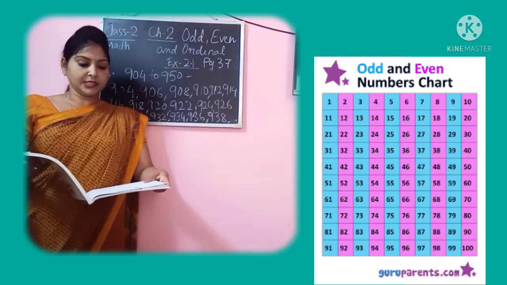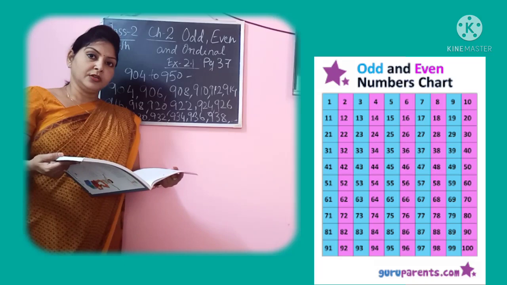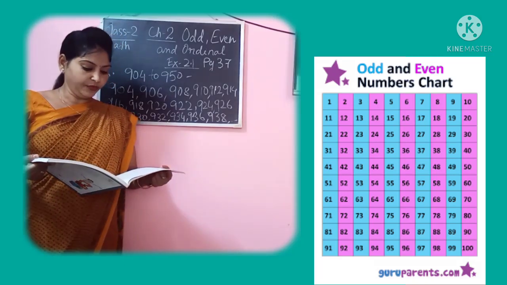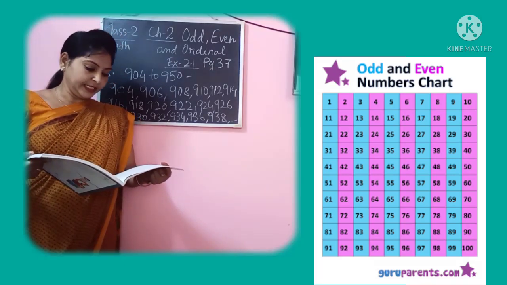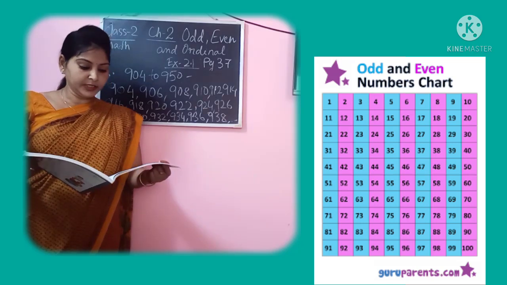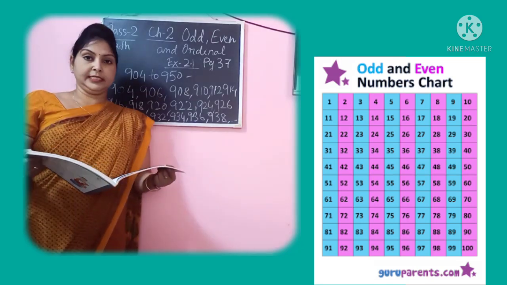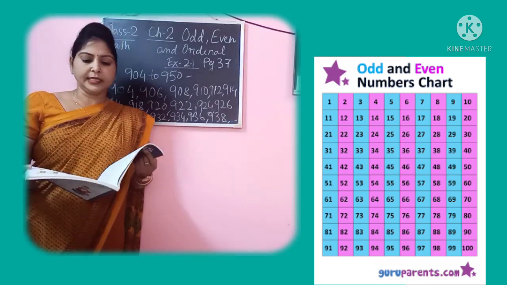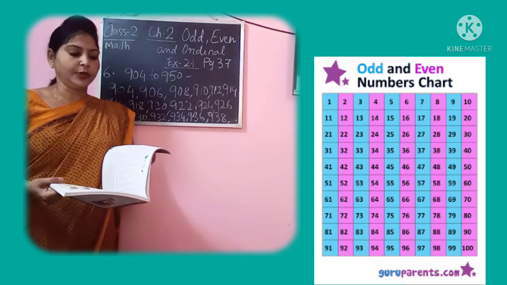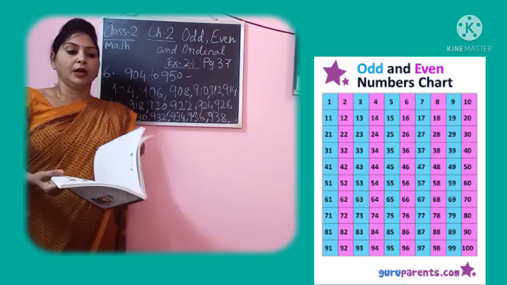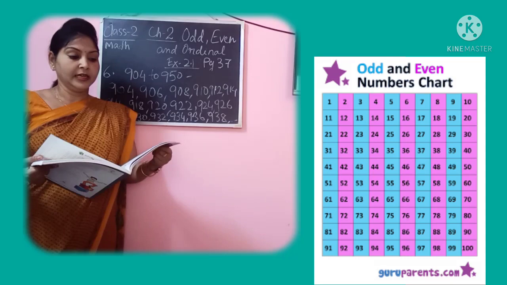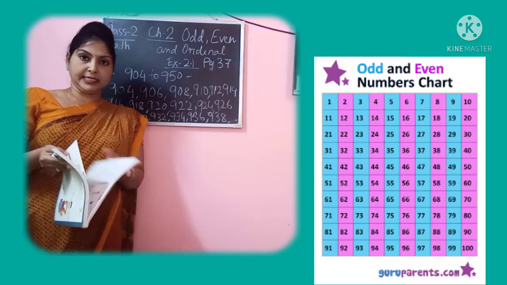You can see from this grid. And in C, you will write all the odd numbers between 86 to 96. It's not that tough. Once you understand the concept of odd and even, you can easily do this exercise.